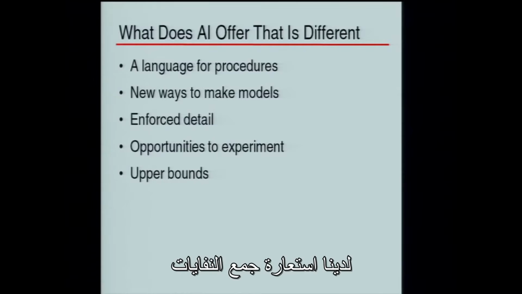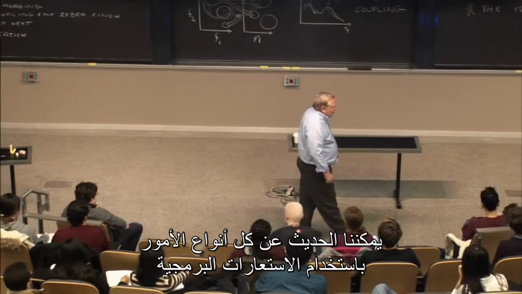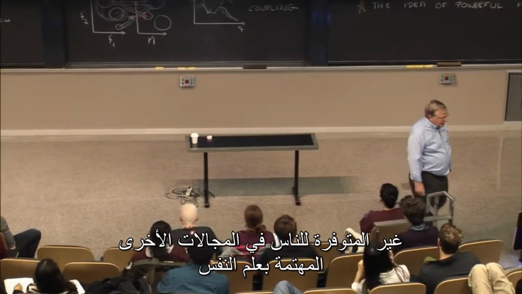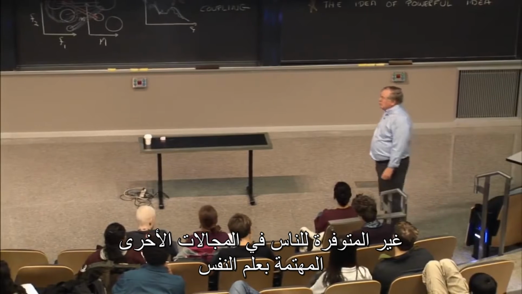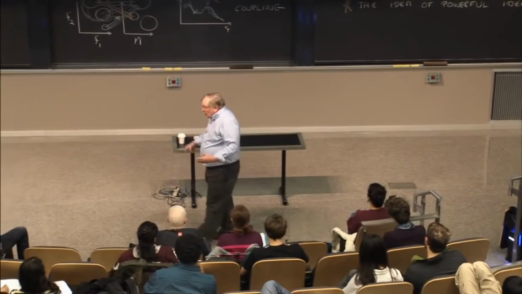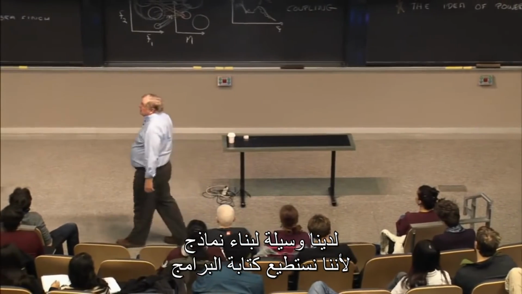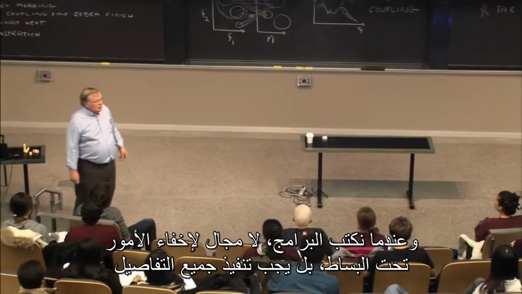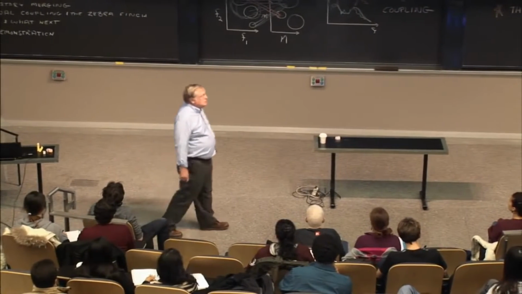We have the metaphor of garbage collection. We can talk about all sorts of things with programming metaphors that are unavailable to people in other fields that are interested in psychology. We have a way to make models because we can write programs, and when we write programs, there's no question of sweeping things under the rug. We have to work out the details.